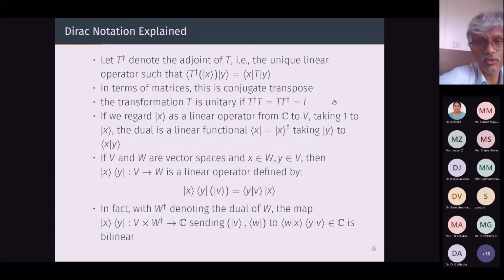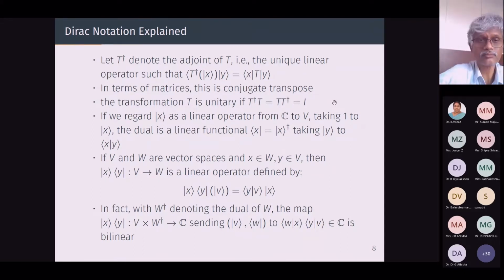So the bra of x is the conjugate transpose, the adjoint, of the ket of x, taking y to the inner product of x and y. X is a linear operator from C to V, and the dual is a linear functional taking Y to the inner product between X and Y, operating as the adjoint of X.